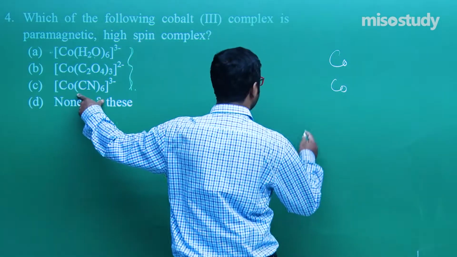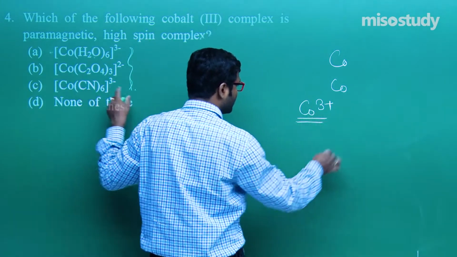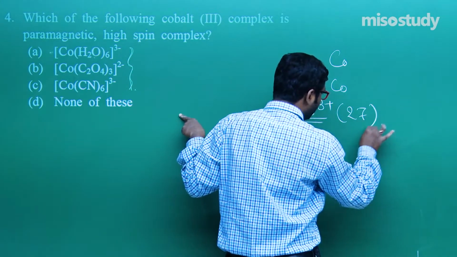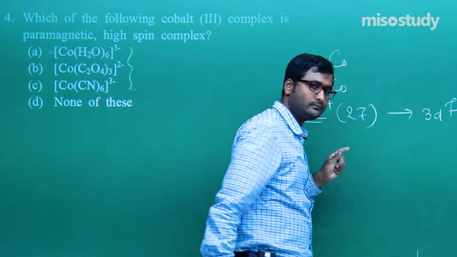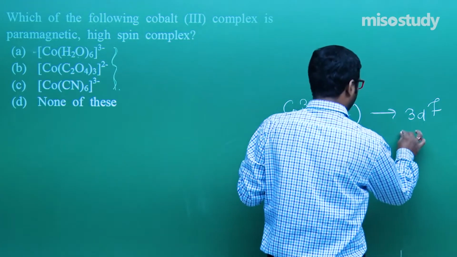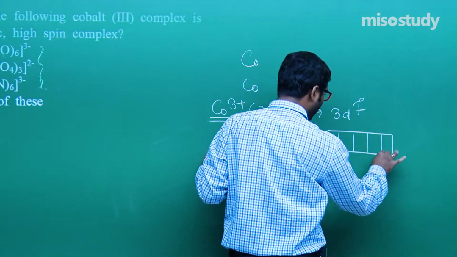If I talk about Co(CN)6, look at Co3+, that is the oxidation state, and the outermost electronic configuration is 3d6. Clear to you? Now for this, check it out.